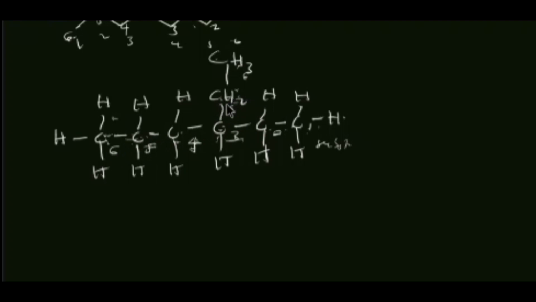My substituent is on carbon 3. And the substituent is CH2CH3. That is C2H5. Ethyl. So you have 3 ethyl, right? Then I'll have 1, 2, 3, 4, 5, 6. That is hexane, since we are dealing with an alkane. And that is how we name it.